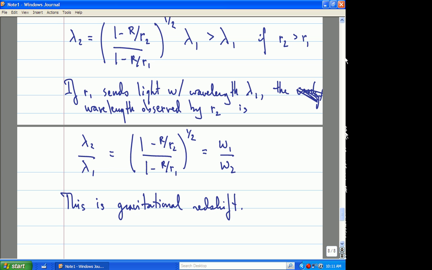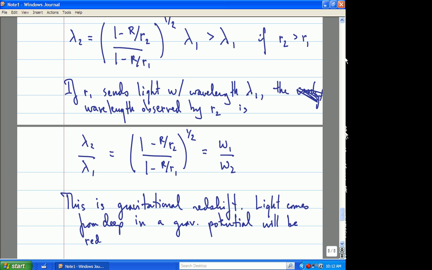And the basic idea is that light, which comes from deep in a gravitational potential, will be redshifted. If I, in the basement, am sending blue light to my friend on the top floor, it will be slightly redder, perhaps only a tiny, tiny, tiny bit redder, by the time it arrives to my friend on the top floor.